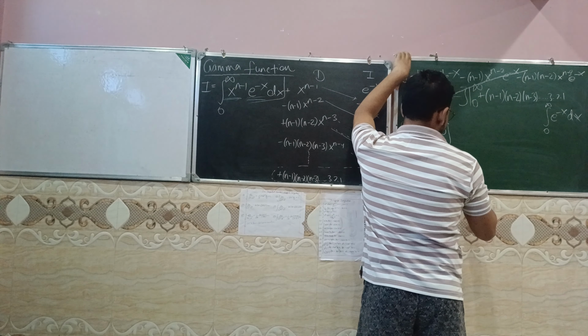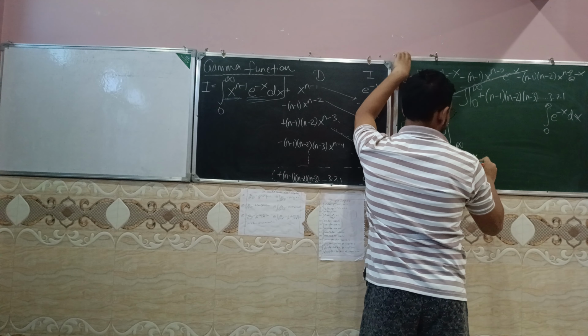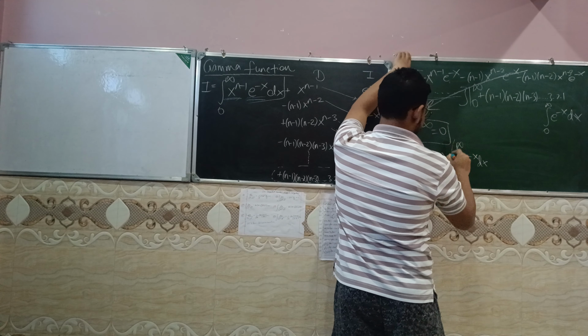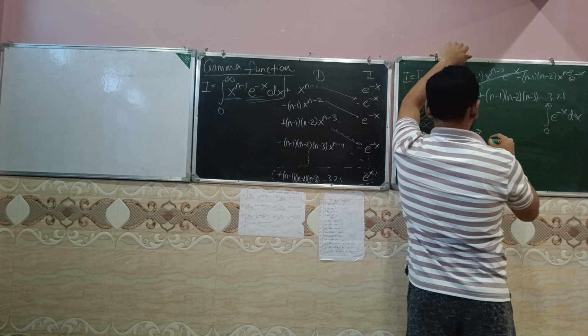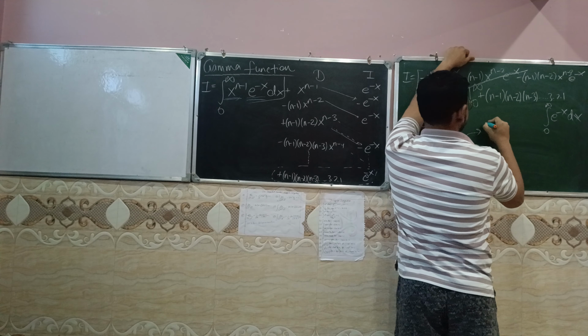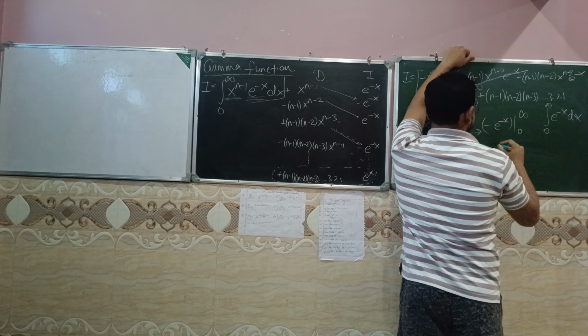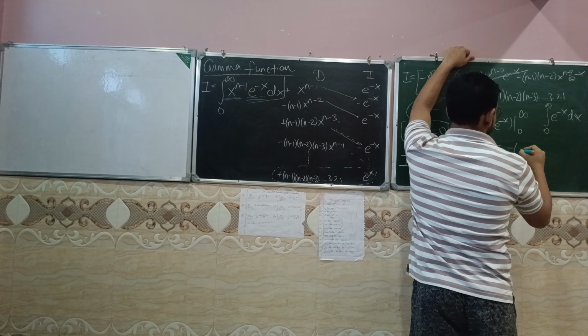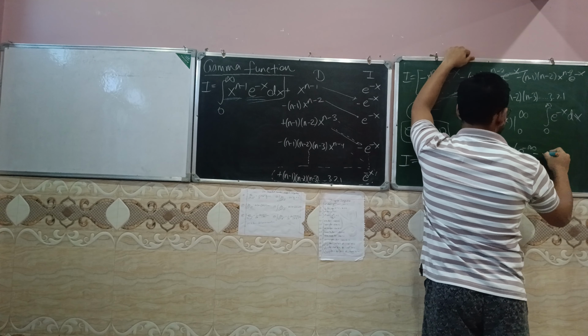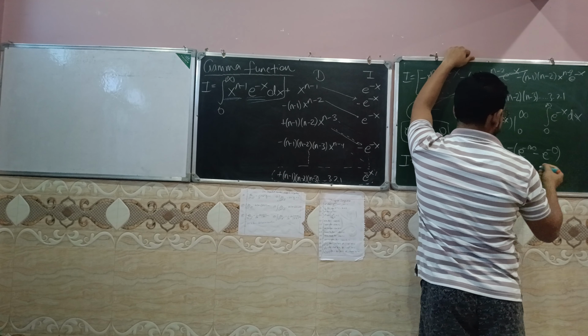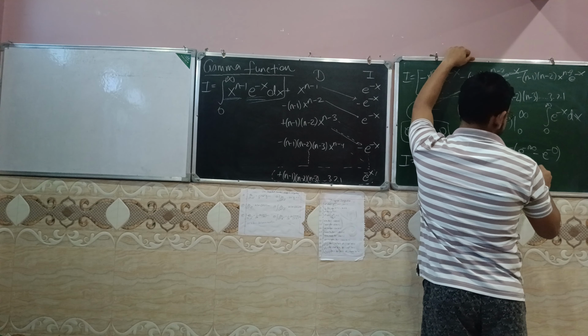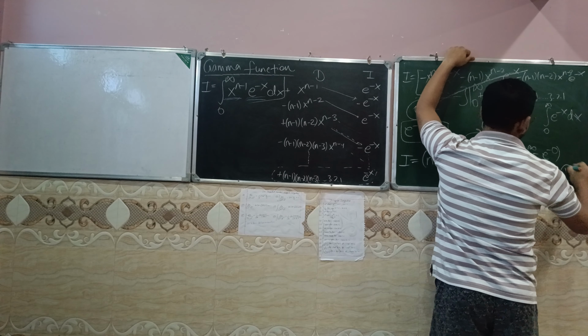So now talking about the integral dx. Let's talk about this integral right over here. When you integrate this, it becomes negative e to the negative x evaluated from 0 to infinity. So negative of e to the negative infinity minus e to the minus 0. So this becomes minus of 0 minus 1, that is 1.